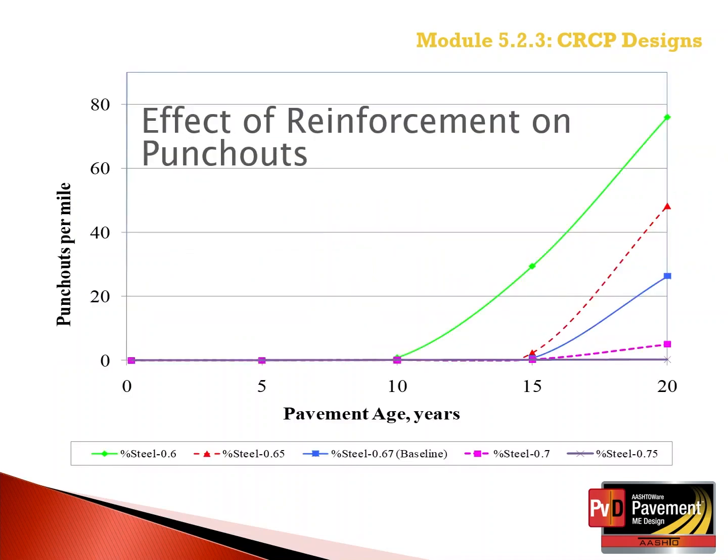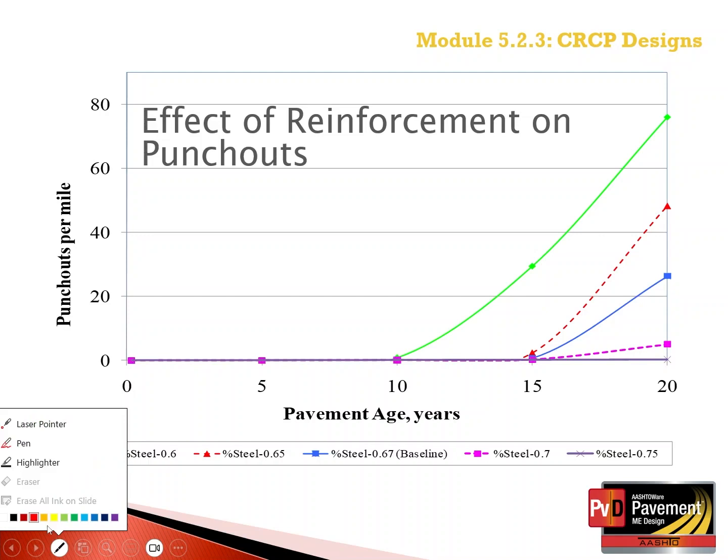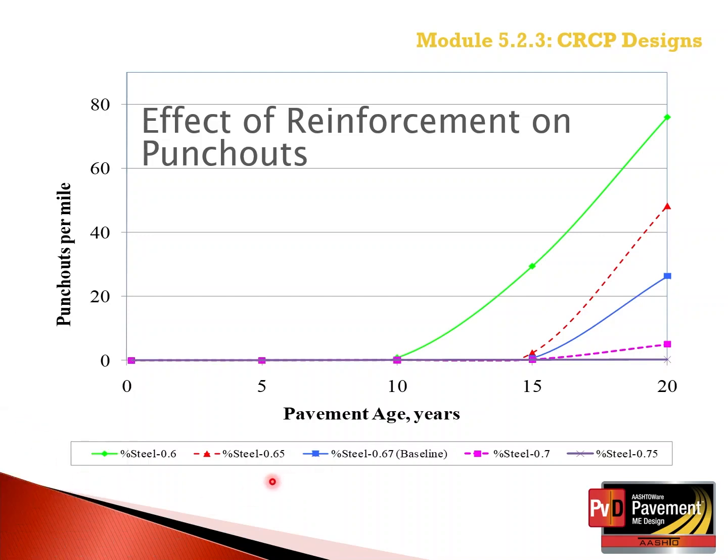The percent of longitudinal reinforcement has a significant impact on the number of punch-outs. As shown on this slide, the green is 0.6% steel reinforcement. The red is 0.65% steel reinforcement. The blue is 0.67. The purple is 0.7.